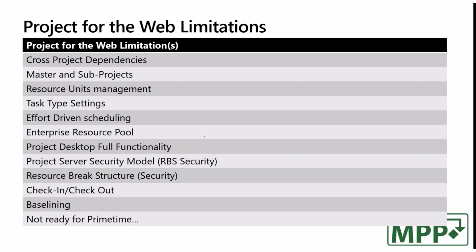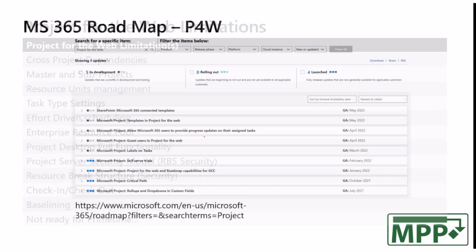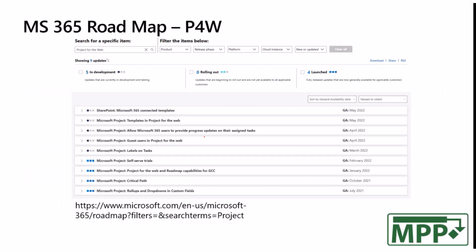But then others who are very heavy project users would say, no, I need that functionality. Things like baselining, checking in, checking out, those are some important things. So what we're saying internally is it's not quite ready for prime time, especially for some of the customers that we have that are a little bit more sophisticated. Not quite ready, but it's still gaining a lot of functionality.